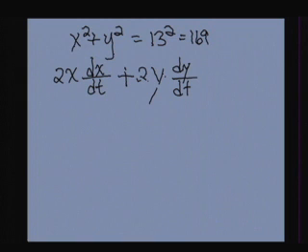And then the derivative of a constant, of course, is just 0.